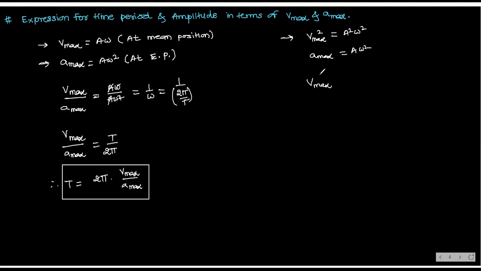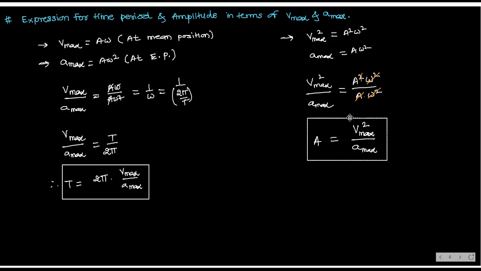So V maximum square divided by A max is equal to A square omega square divided by A into omega square. Now this omega square and this omega square will get cancelled. A will get cancelled with this. And that's why I am getting amplitude. How much amplitude I am getting? Amplitude A is equal to V maximum square divided by A max. This is what? Amplitude which we got here.